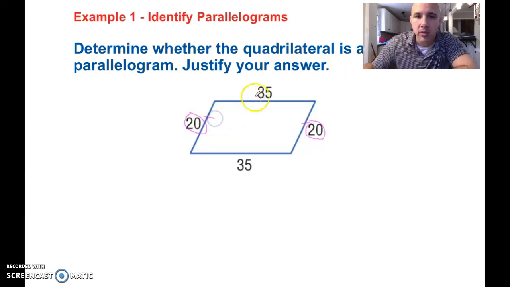I also notice that this segment and this segment also carry the same number, 35. So I can safely say, based off of that first condition, that if both pairs of opposite sides are congruent, then this is a parallelogram.